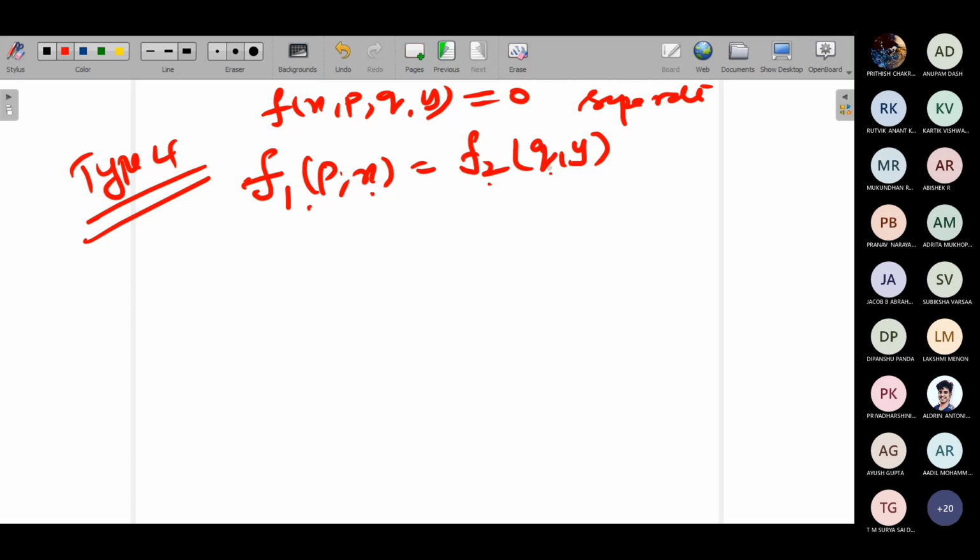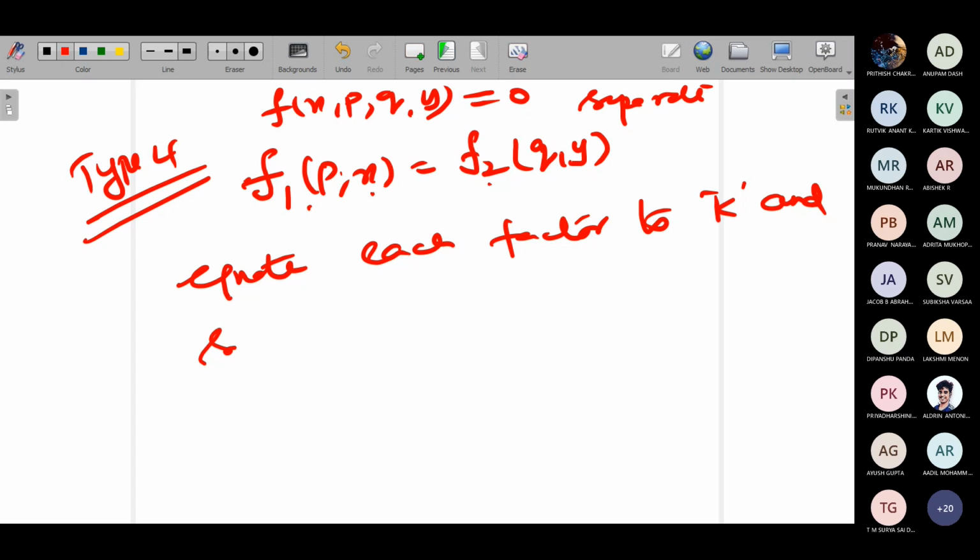Then equate each factor to some constant k, and solve for p and q respectively.